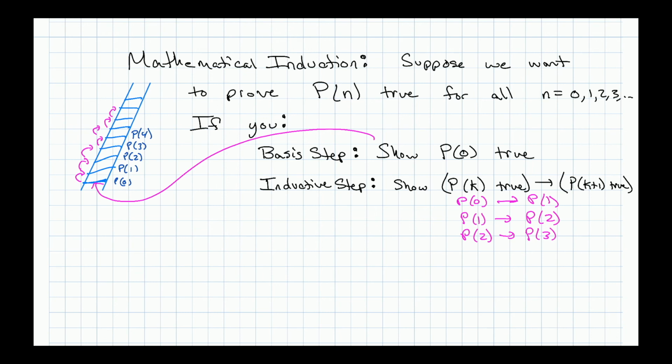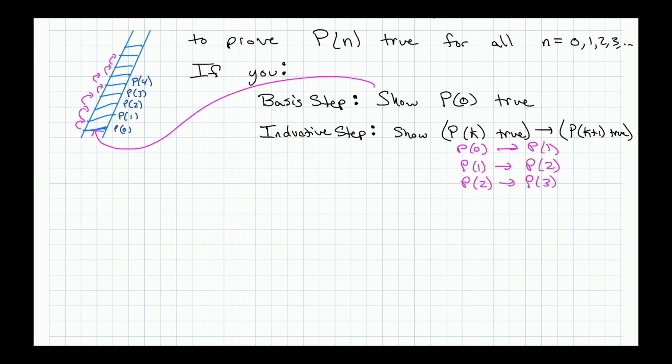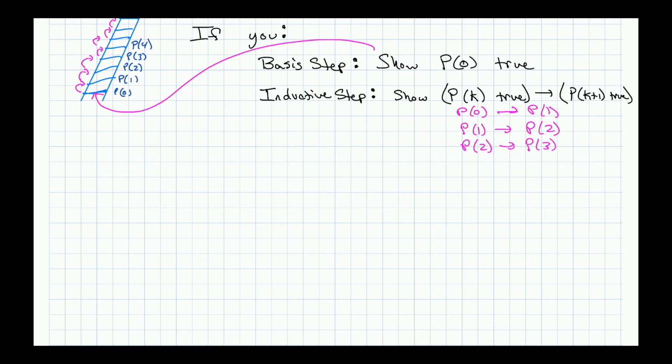Now the point is that you don't have to do that. Like what I wrote in pink, you don't write. You just write the basis step, you write the inductive step, and then you simply make your conclusion, which is P of n true for all n equals 0, 1, 2, and so on. That's it. So when you're doing an induction proof, all you're doing is the basis and inductive steps, and then you just make a conclusion.